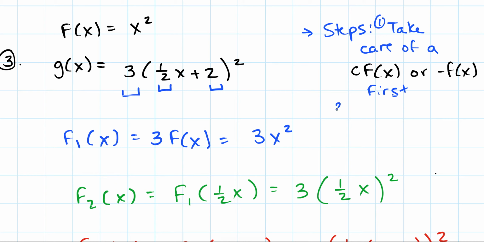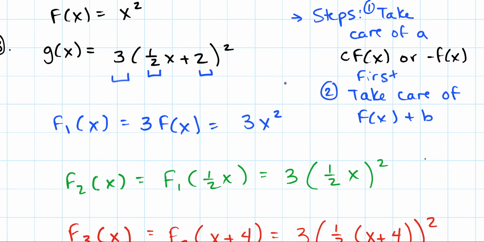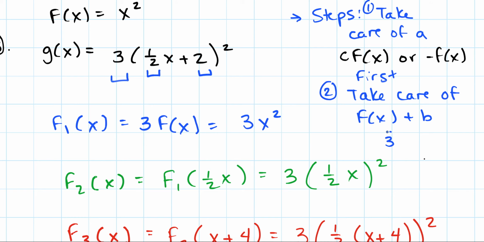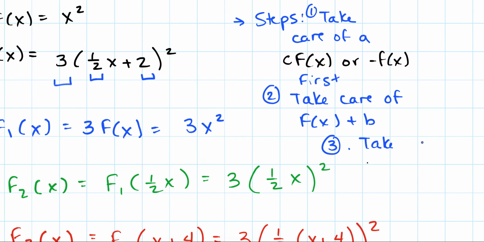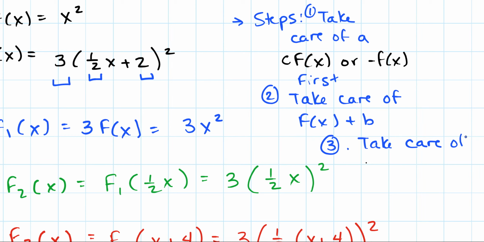Then the second thing I would take care of is f of x plus some number b. So if I had a plus here and then some number, that's the second thing I would take care of. Then the third thing I would take care of is f of x plus a number on the inside.